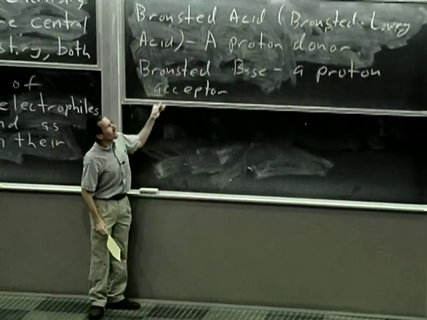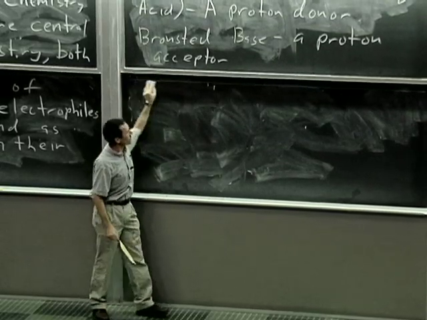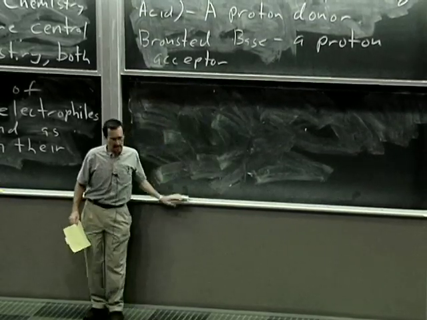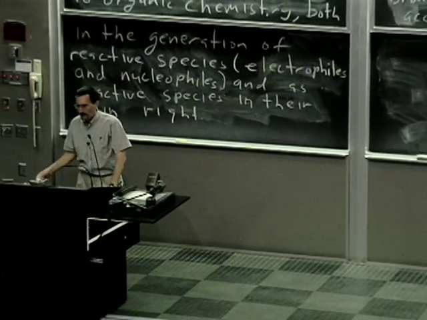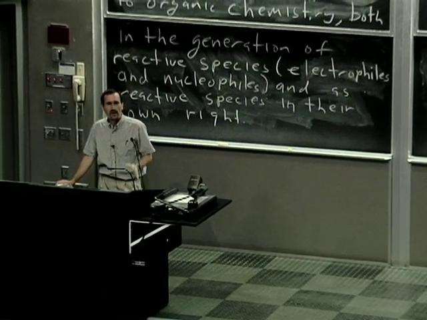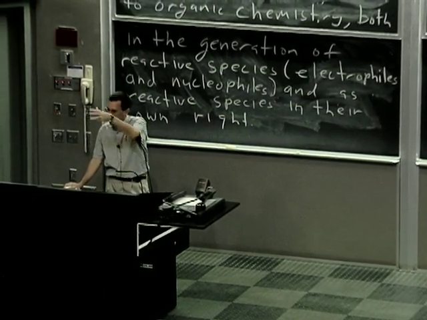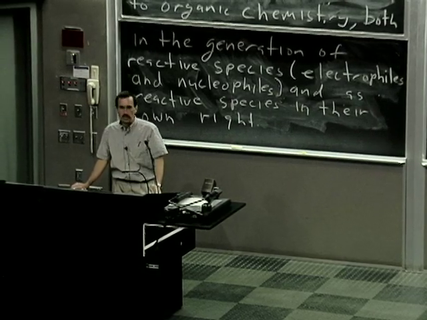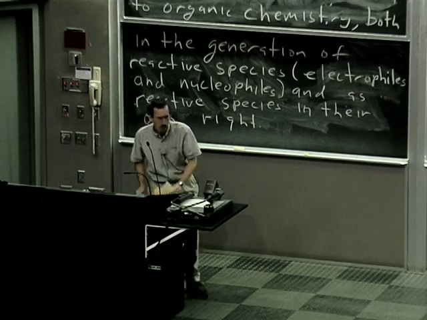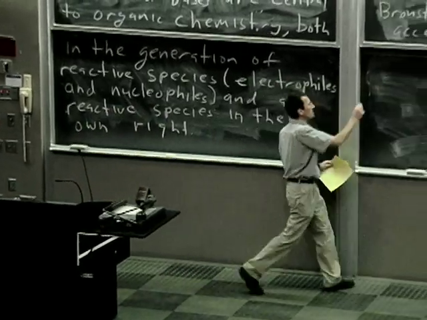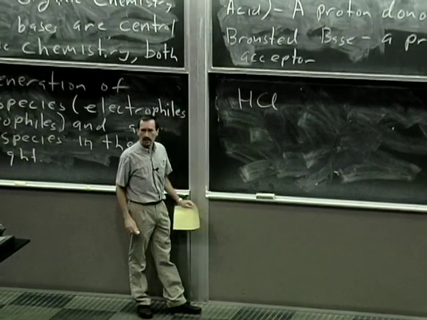And so we think of a general Bronsted acid-base reaction as a Bronsted acid and a Bronsted base reacting together to give the conjugate acid of the Bronsted base, another acid, and the conjugate base of the Bronsted acid, another base. What do I mean? Let's take HCl, hydrogen chloride.